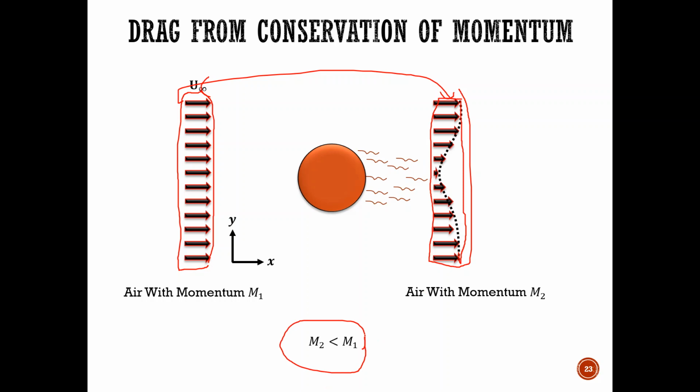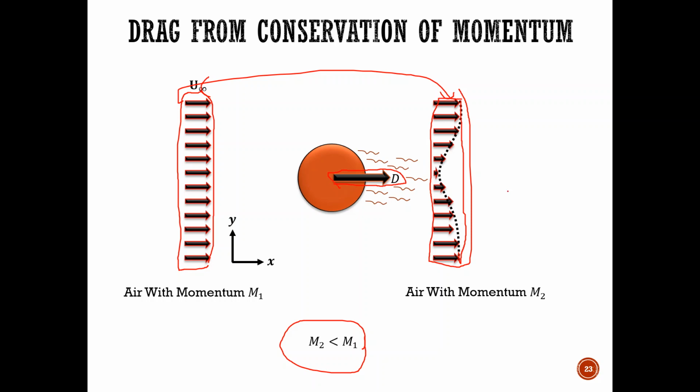So guess what that force is? That force is nothing but drag. It's the drag of the object which is causing the change in the momentum in the fluid. Or you can think of it the other way: the change in momentum of the fluid because of the object, and the resultant force that the object experiences because of that is the drag force.